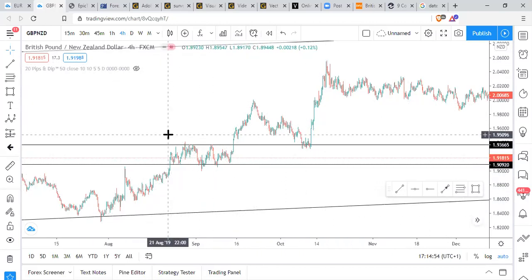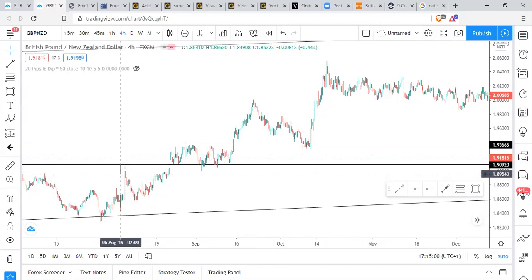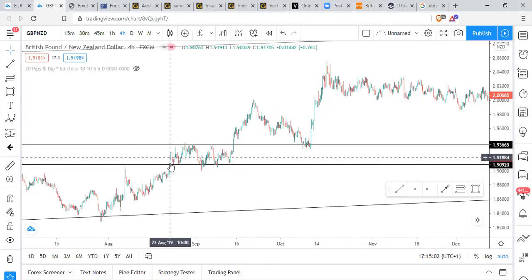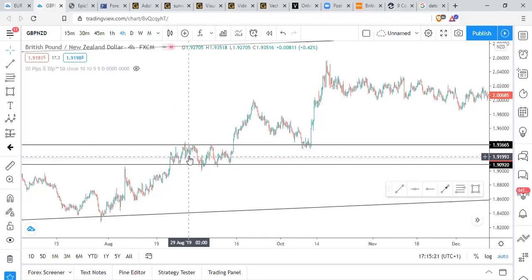Now you see that whenever price changes direction or reacts, like here, price was reacting here. Look, price reacted one, two, three, four, five, six. This place where price reacted, we call it a support or resistance level, SNR.